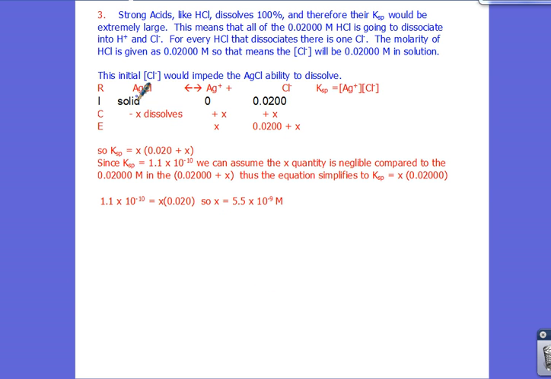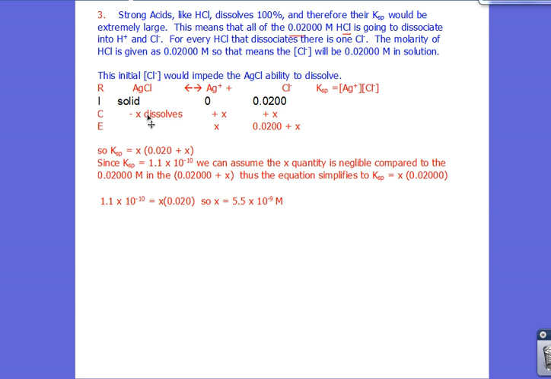Silver chloride wants to split apart into silver and chlorine. But because there is already hydrochloric acid in there, and hydrochloric acid has chlorine, that means that there's already chlorine in the solution. So the initial value for silver is 0, but for chlorine there's already some in there.